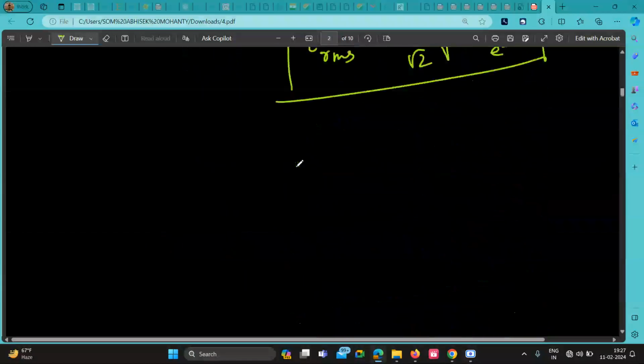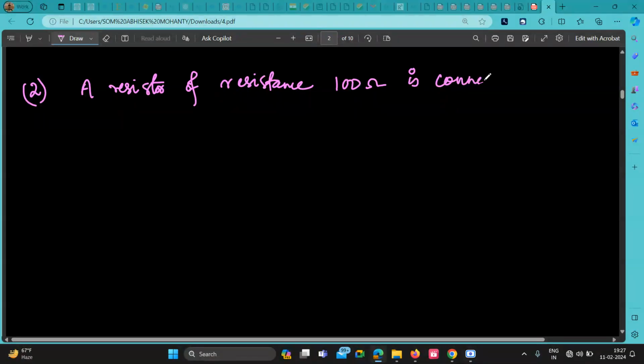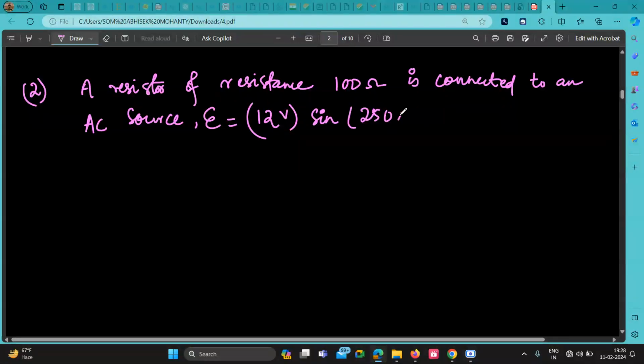This question is done. Now, question number 2. A resistor of resistance 100 ohm is connected to an AC source, E is equal to 12 volt sine 250 pi second inverse t.